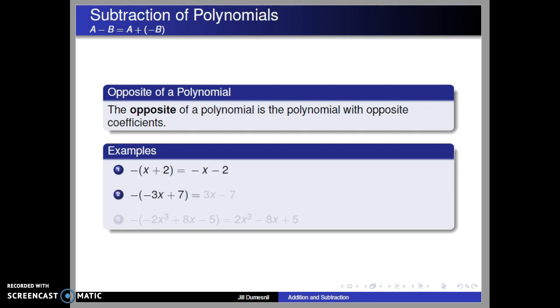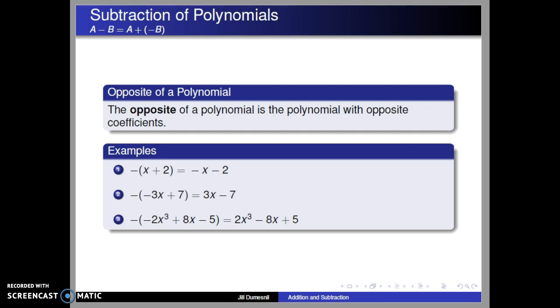The opposite of minus 3x plus 7 is 3x minus 7. The opposite of negative 2x cubed plus 8x minus 5 is 2x cubed minus 8x plus 5.